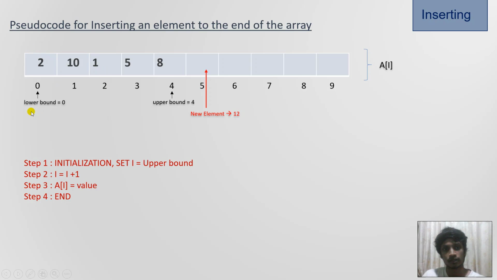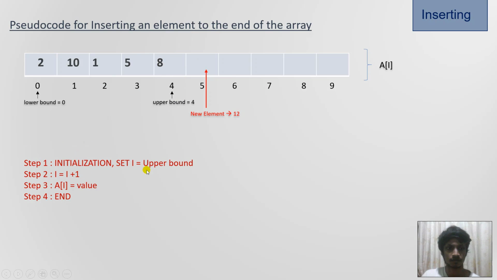As you can see, here is the basic structure of an array. Here, the upper bound is 4 because it has only 5 elements. If we want to insert a new value at the end, it should be placed at the 5th index.